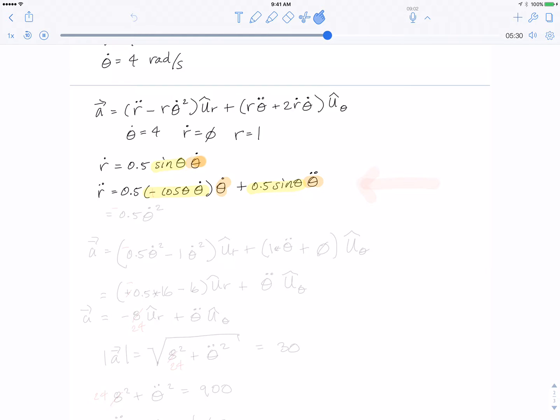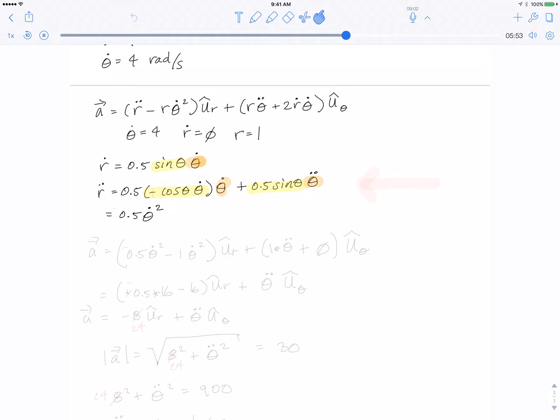Okay, so all we have to do now is evaluate this when theta is 180, and when theta is 180, cosine is -1, sine is 0, so that's nice. That makes this equal to 0.5 theta dot squared.